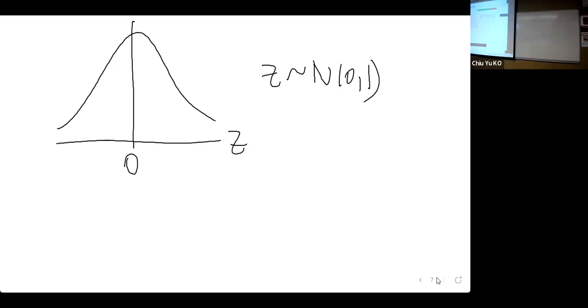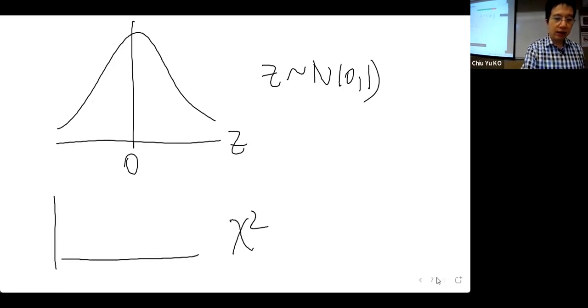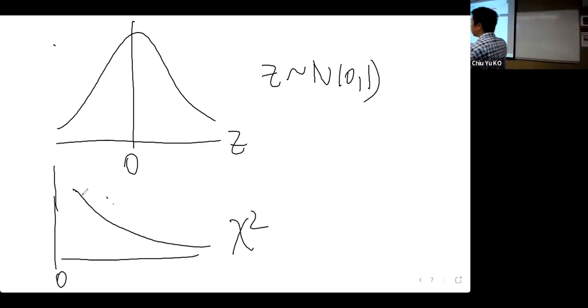If I draw a -3, that will be 9. And what we get is called chi-square. It starts from 0, and you will see the graph looks like this. It looks very much like an exponential.